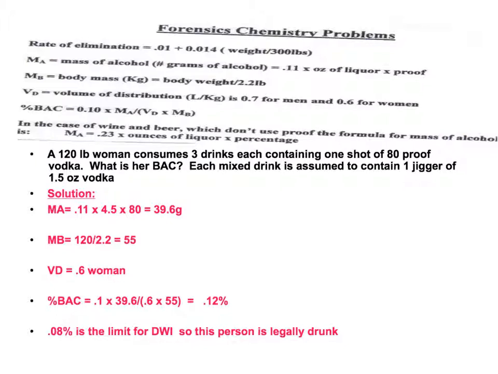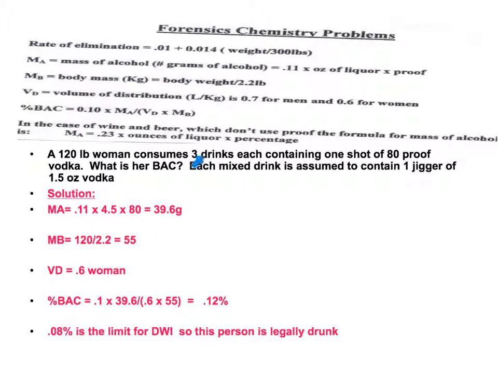The first thing we're going to do is calculate the mass of alcohol. So to calculate the mass of alcohol, we're going to use this equation right up here. The mass of alcohol is the number of grams of alcohol. We're going to take a constant of 0.11 times the ounces of liquor times the proof. So we have 0.11.